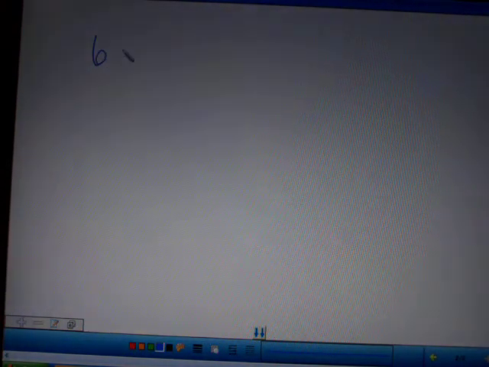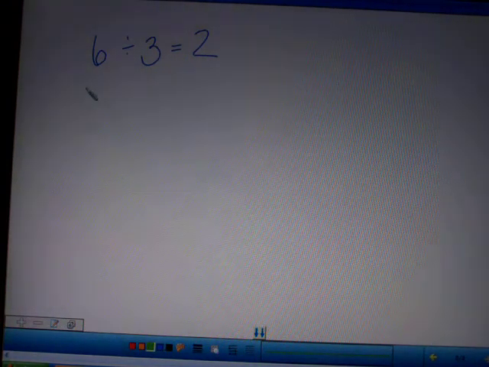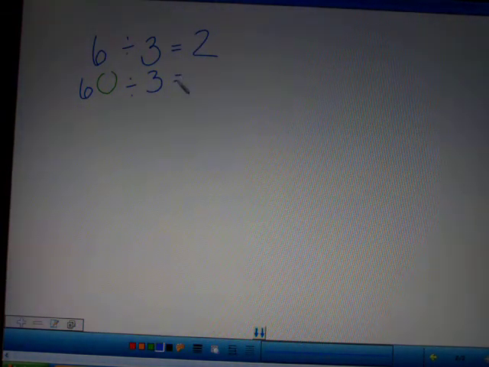So let's go back to my 6 divided by 3 equals 2. Dividend, divisor, quotient. Well, let's say I change it up and I make it 60. 60 divided by 3, what is that going to equal?